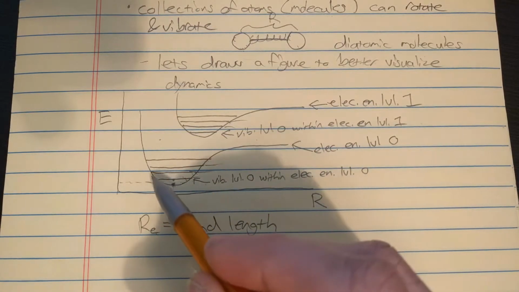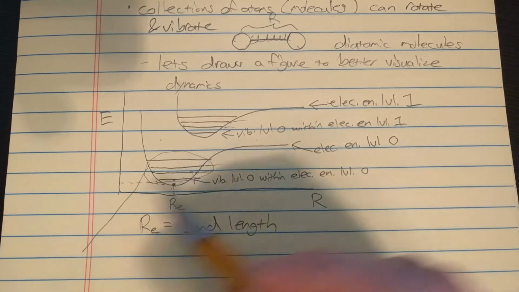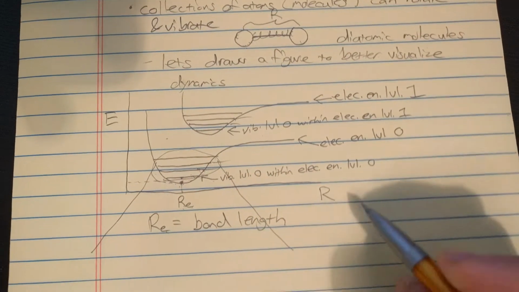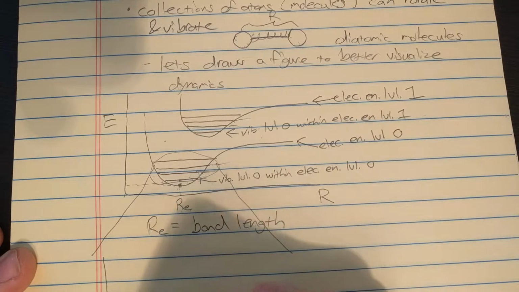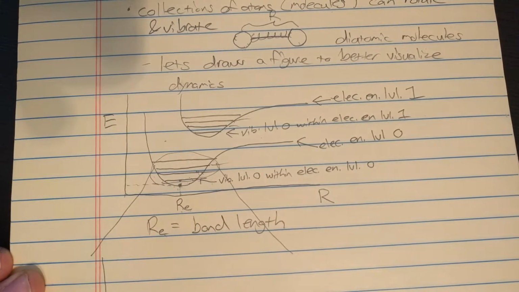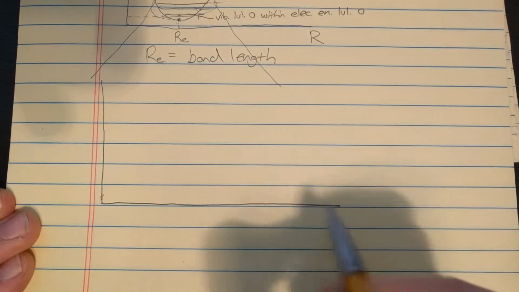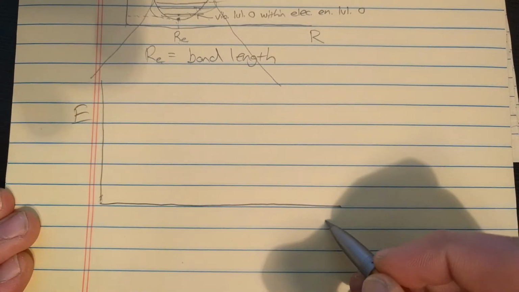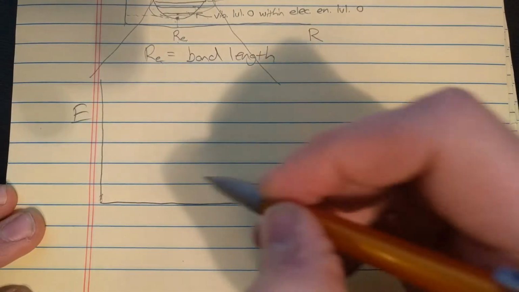Now, let us zoom in to this here. So imagine us zooming in. So we'll draw our axes again. This was energy. This was distance between the atoms. Remember, we're only working with 2 atoms.